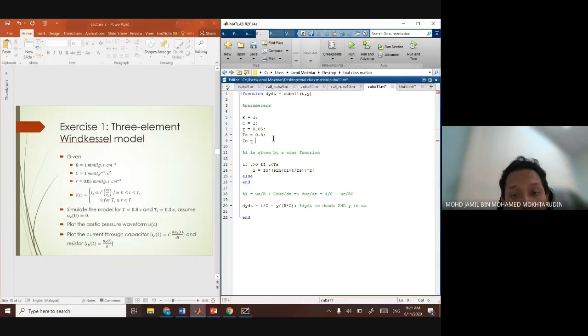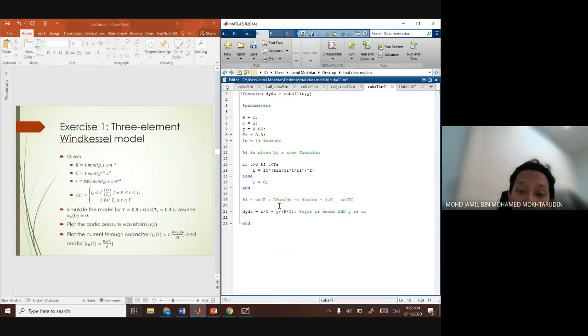So assume I naught equals 1. And then else, I equals 0 for other time range, okay? So I equals 0. Save again.